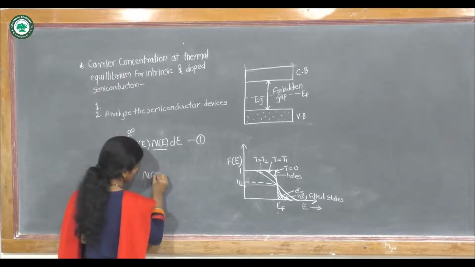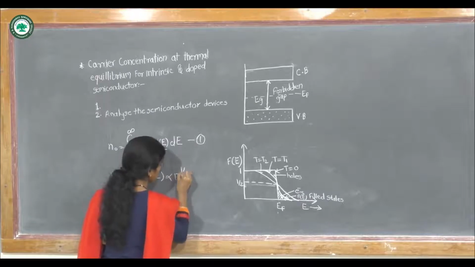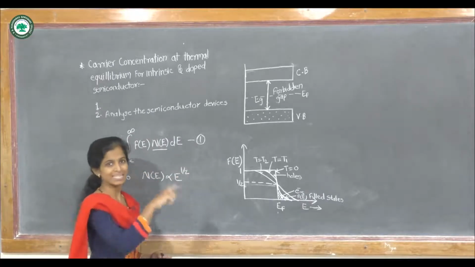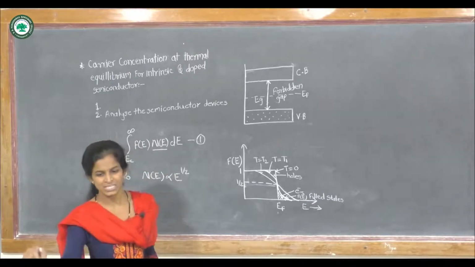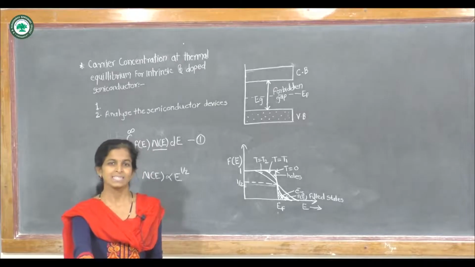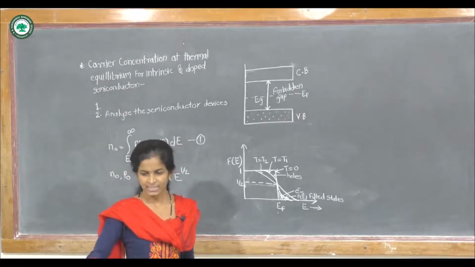This N(E) is proportional to E raised to 1/2. Then this density of states increases as energy increases, or as there is an increase in electron energy, the density of states increases.